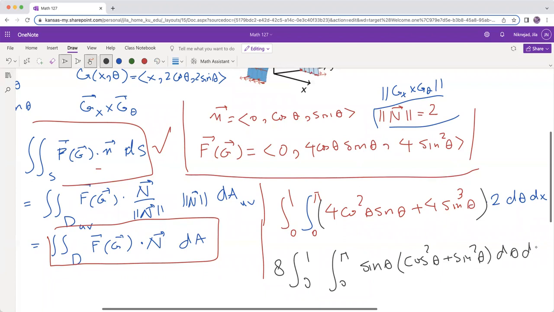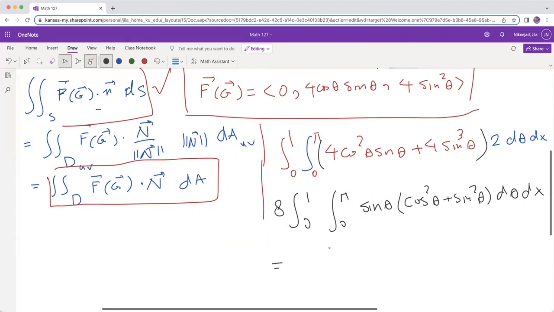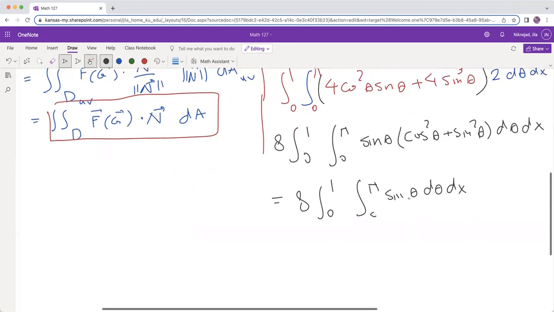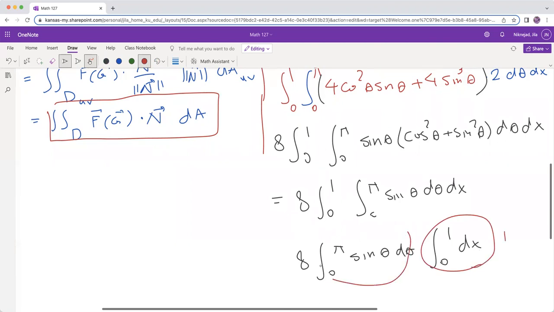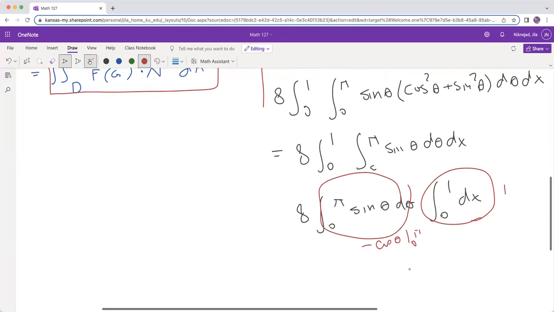So I will have 8, integral 0 to 1, integral from 0 to pi of sine theta d theta dx. I can separate that, so I have 8 times the integral 0 to pi of sine theta d theta times the integral 0 to 1 of dx. This part is just going to be 1. This part is negative cosine theta from 0 to pi, which is exactly 2. And the entire thing is going to be 16.